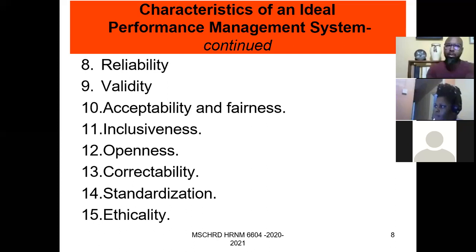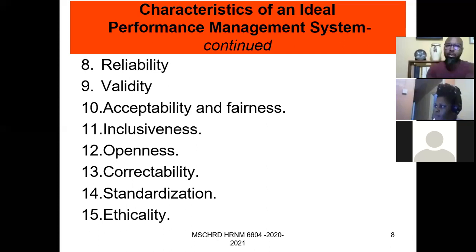Also, as part of correctability, there should be an appeals process for employees, so that if you had your appraisal done and you're not in agreement with your score, you should be able to have that appealed and have it corrected if something is wrong, or understand what went wrong with the process.